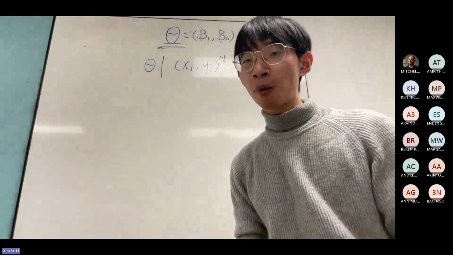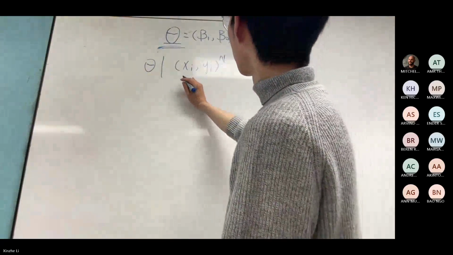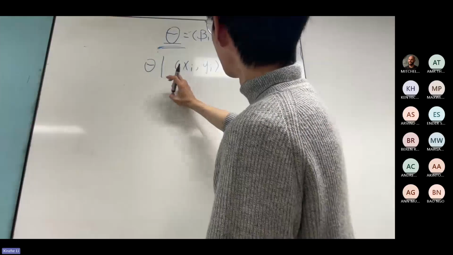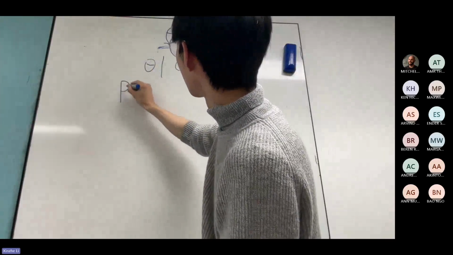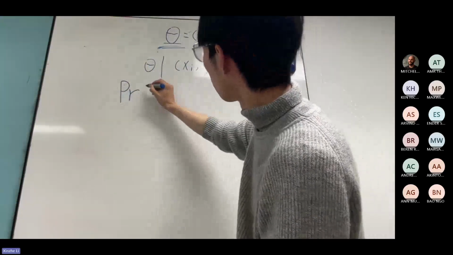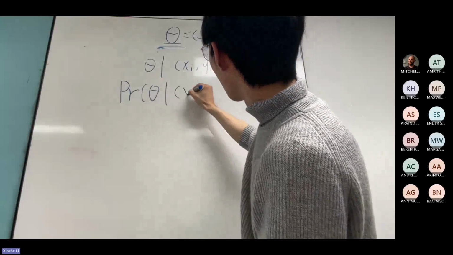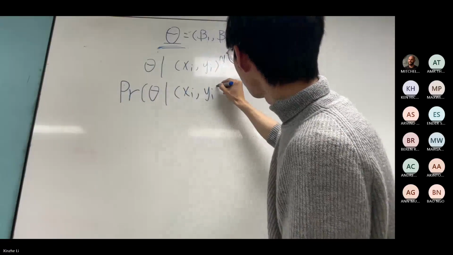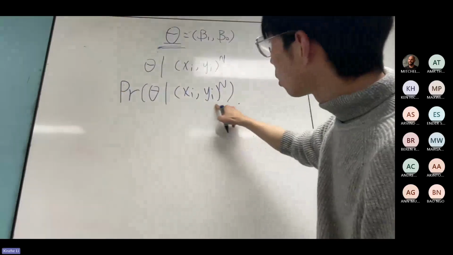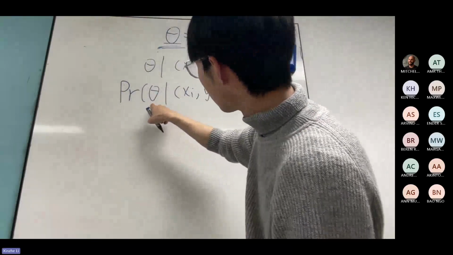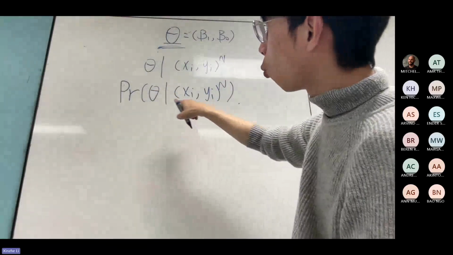But how can we achieve this goal? That's why we need probability distribution. Let me transform it into a probability objective. I will formalize it like this: I want to find the probability of this theta, this parameter, given the training examples.